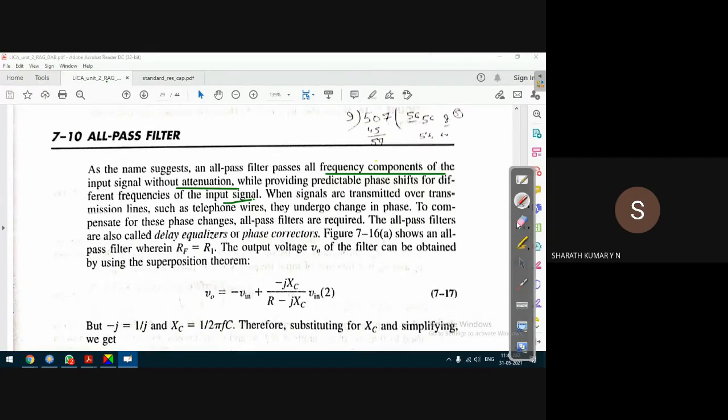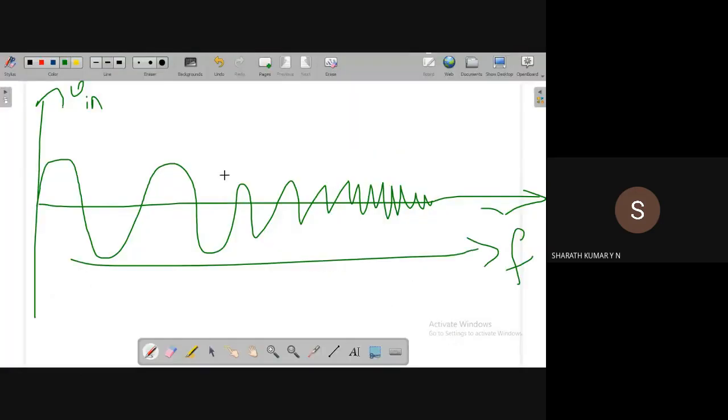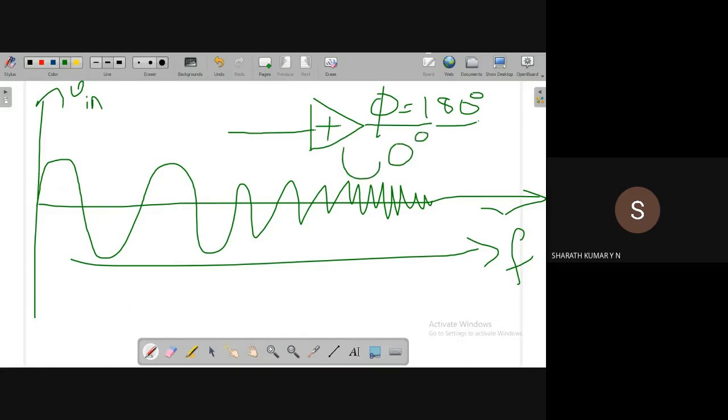What will happen in this all-pass filter is that, we know that when we use an op amp in the inverting amplifier configuration, the input signal is phase shifted by 180 degrees. When it is in inverting mode, it will be phase shifted by 180 degrees. But if used in non-inverting mode, the phase shift is 0 degrees, which is beneficial.